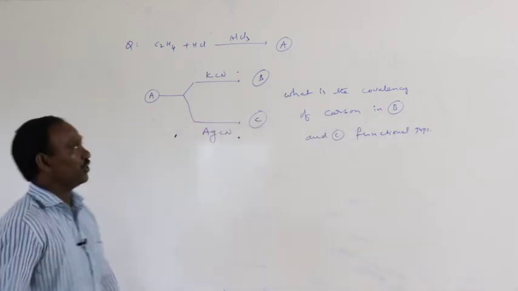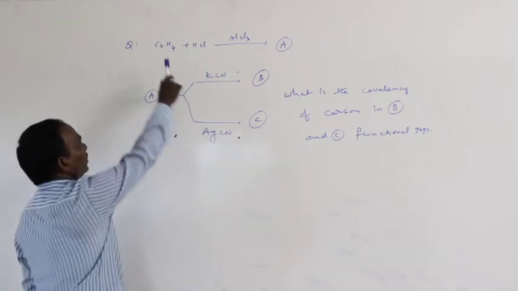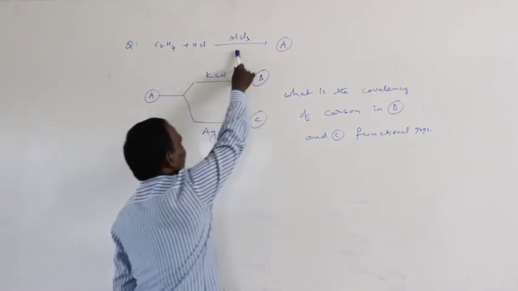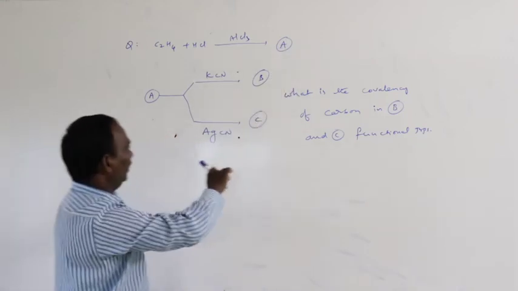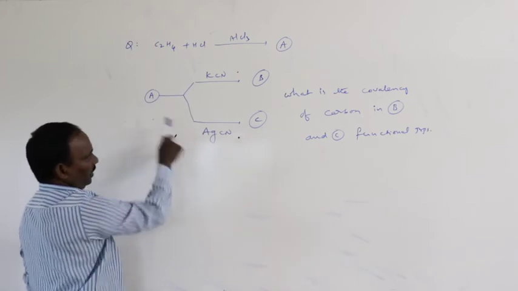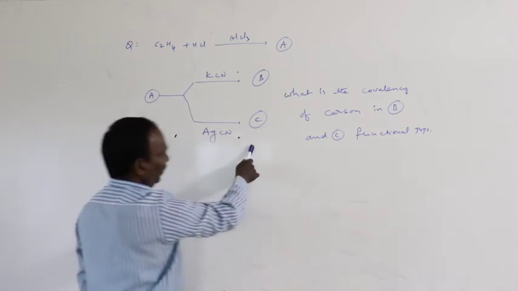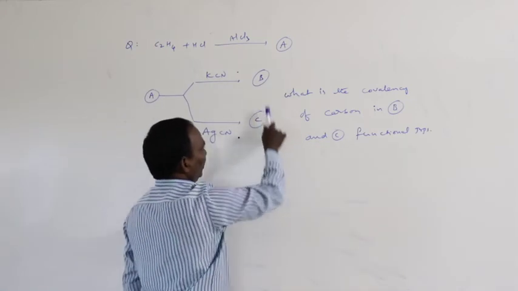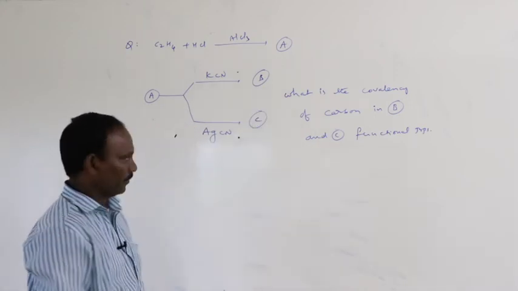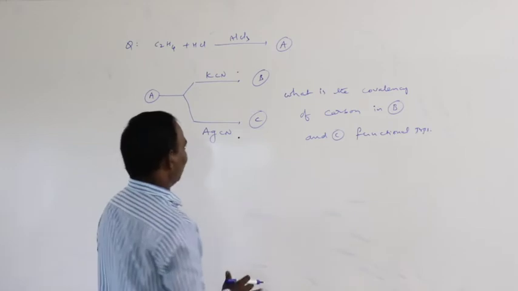Okay, this is the question. Once again, C2H4 plus HCl reacts with AlCl3 to give compound A; A with KCN gives B, and A with AgCN gives C. What is the covalency of carbon in the B and C functional groups? The functional group carbon atom especially.